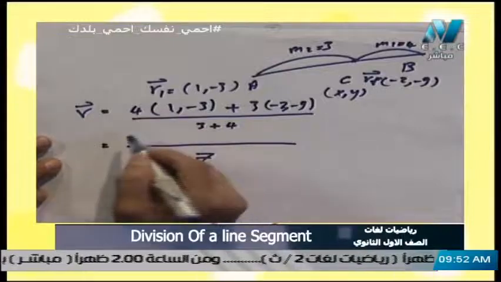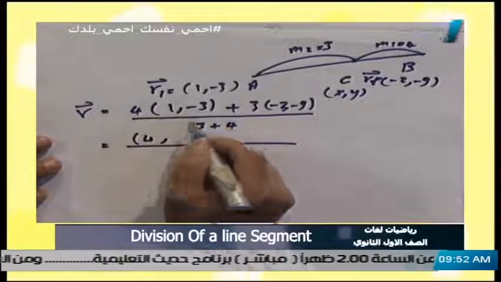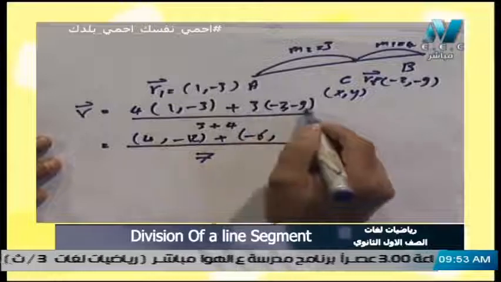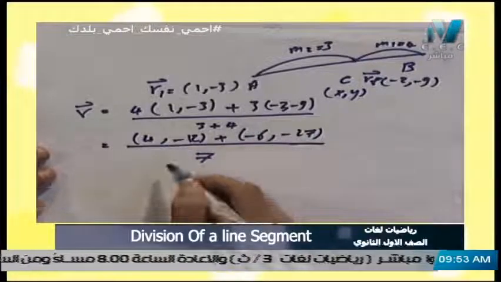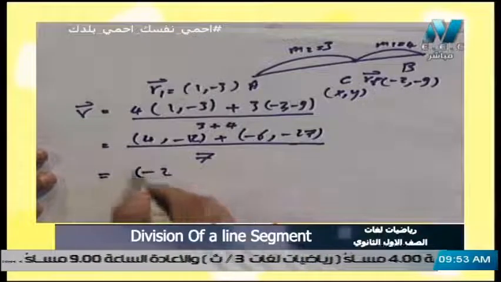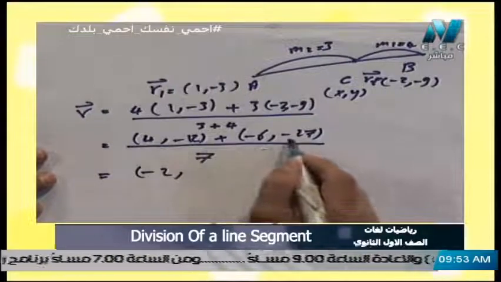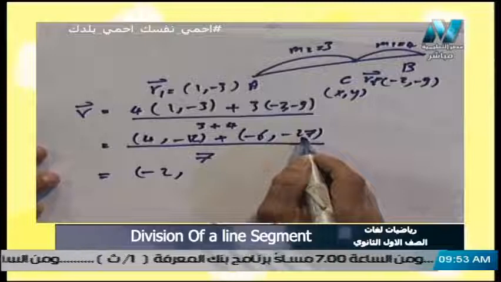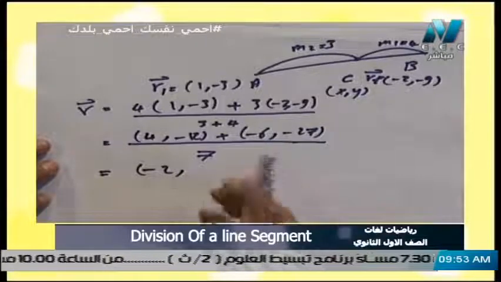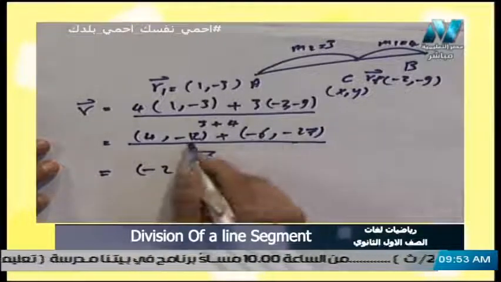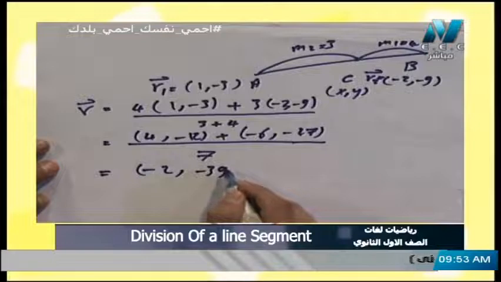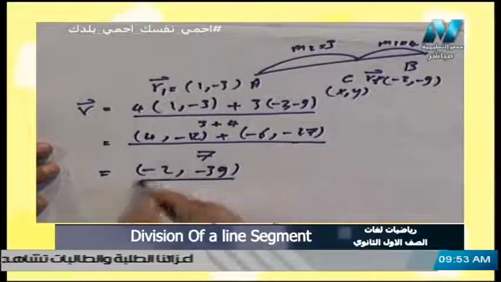4 times 1 equals 4. 4 times negative 3 equals negative 12, plus 3 times negative 2 equals negative 6. 3 times negative 9 equals negative 27. 4 plus negative 6 here equals negative 2. Negative 12 plus negative 27, over 7.